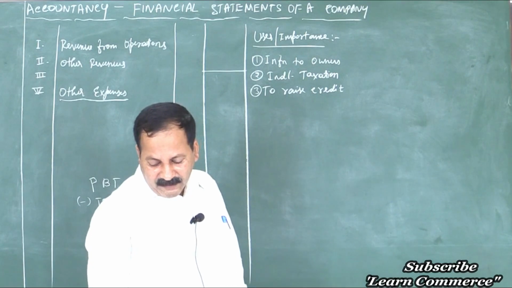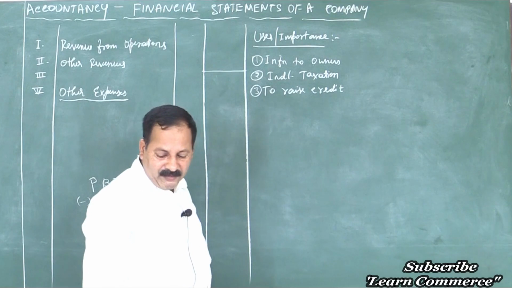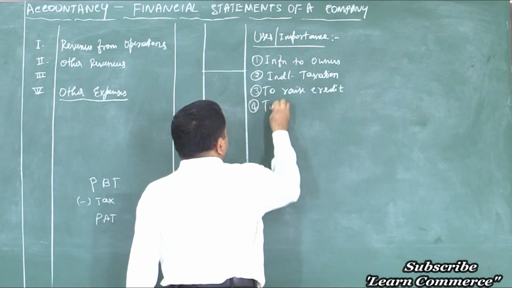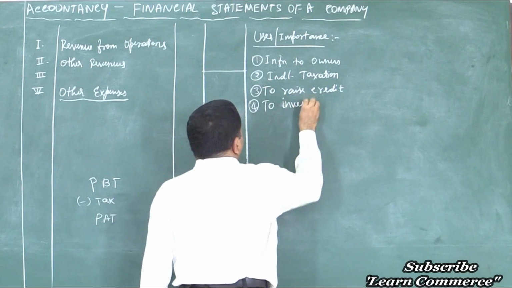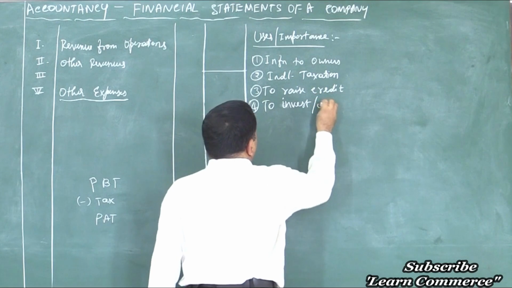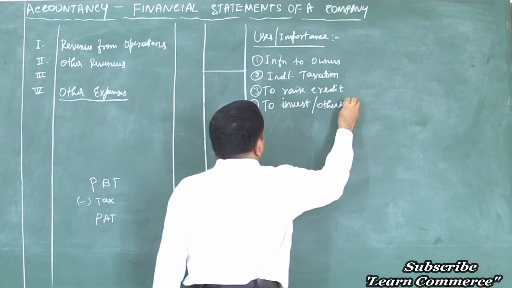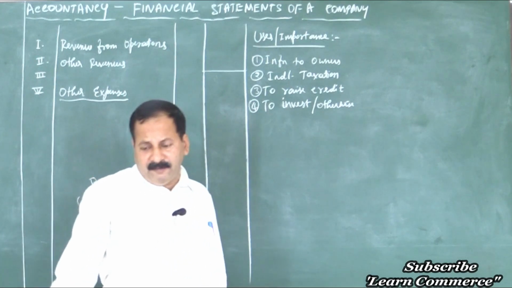The fourth one is that investors can take decisions to invest or otherwise. That decision can be taken by the investors. Who will invest in a loss-making company?